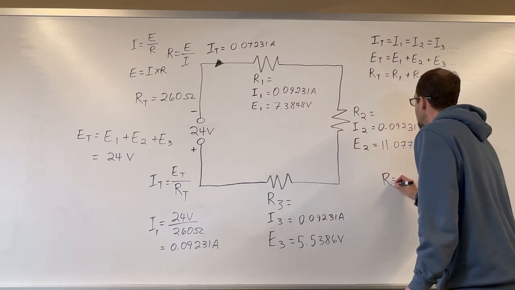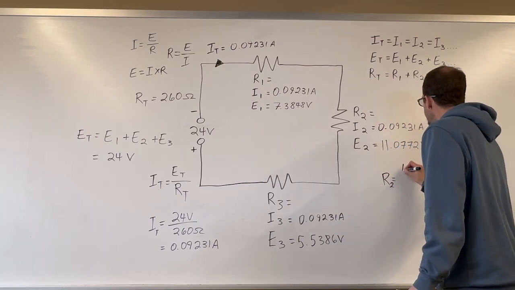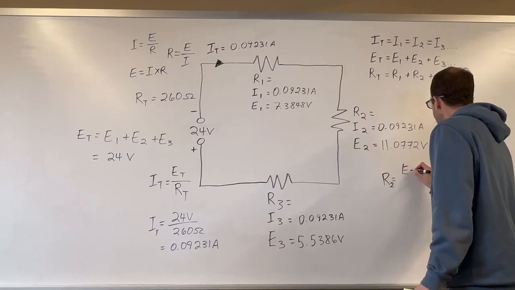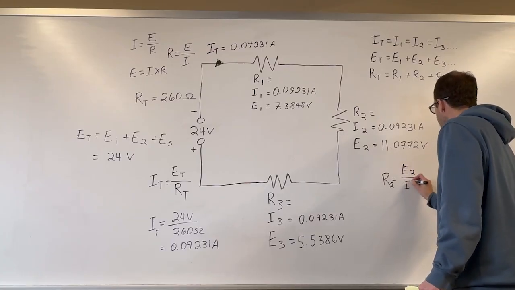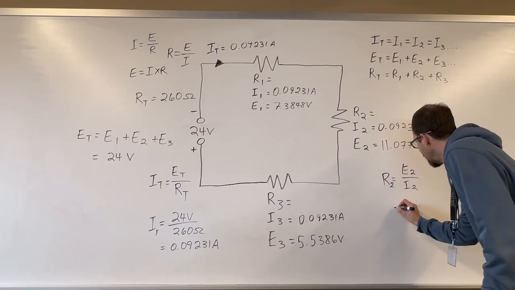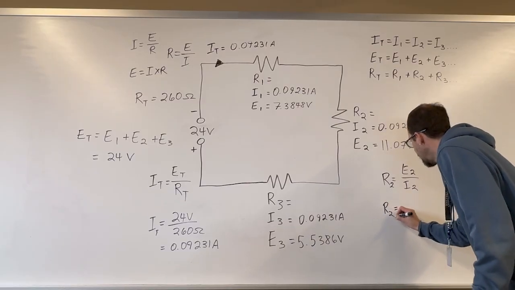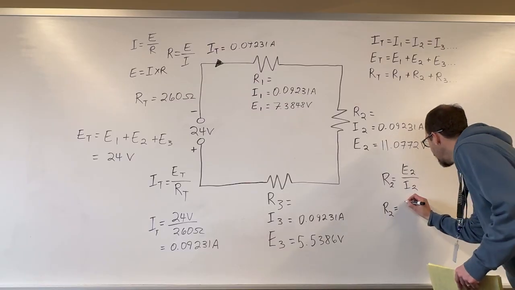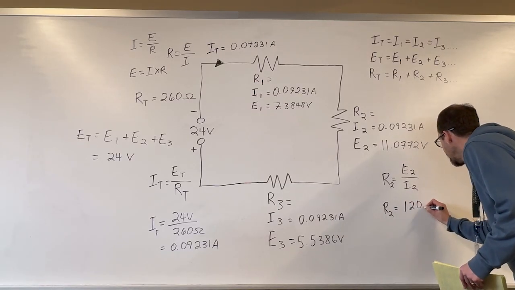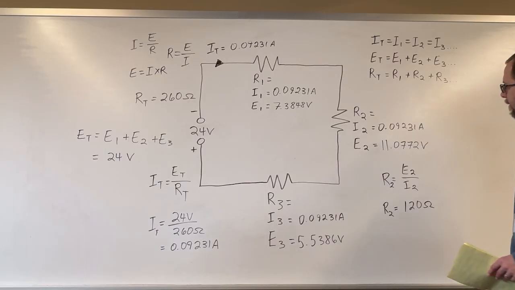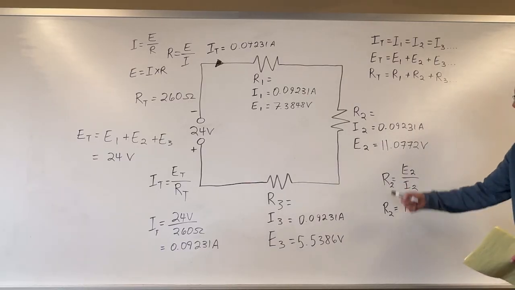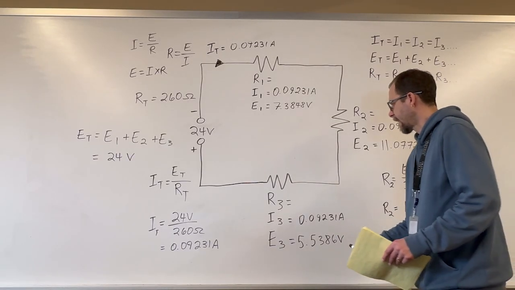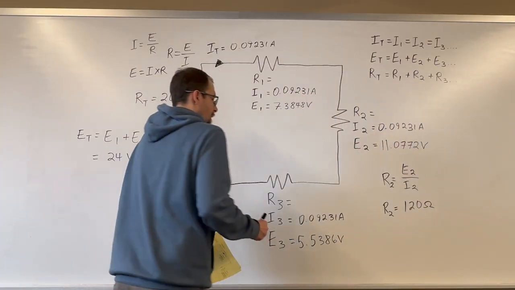Let's do that over here. R equals, let's do R2, E2 over I2. I got a number of 120 ohms. Excellent. Now I can do the same thing over here, can I?